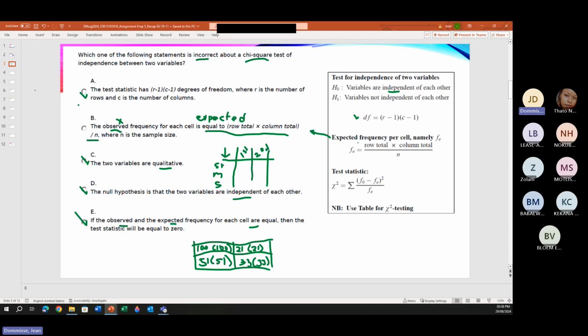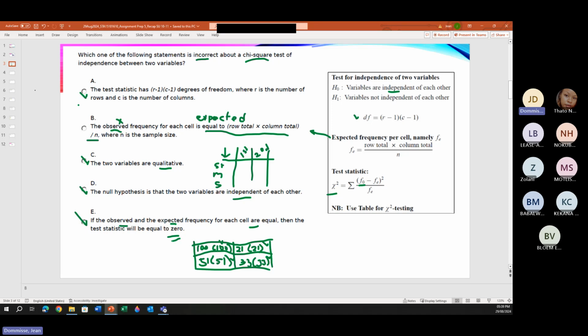If we then work out that test statistic, we always take the observed minus the expected. If they are the same, that will be 0. So 0 to the power of 2 stays 0, and 0 divided by 100 stays 0. That will be 0, 0, 0, and the fourth one will be 0. A sum of 4 numbers that are 0 stays 0.